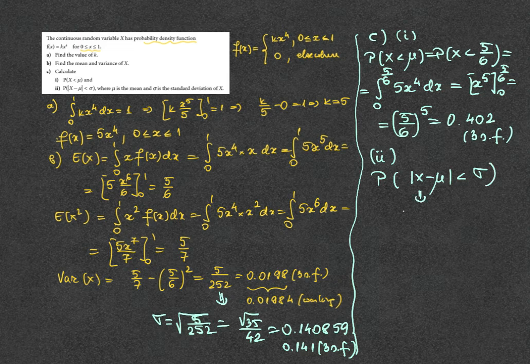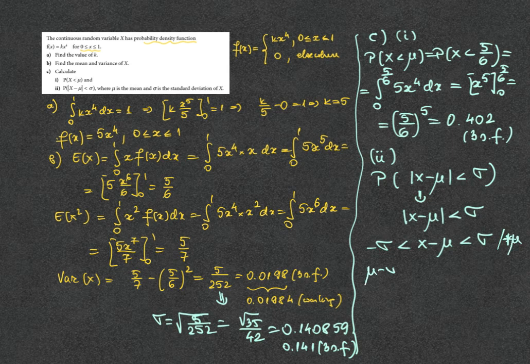Now let's see what the absolute value of X minus mu smaller than sigma means. From pure math, remember that X minus mu is between minus sigma and sigma. Or if you add mu to all sides, you get mu minus sigma smaller than X smaller than mu plus sigma.